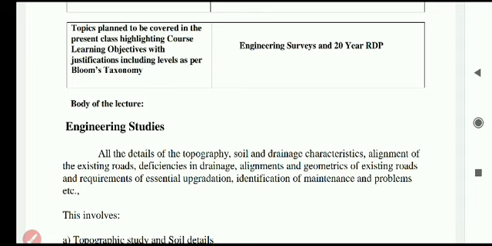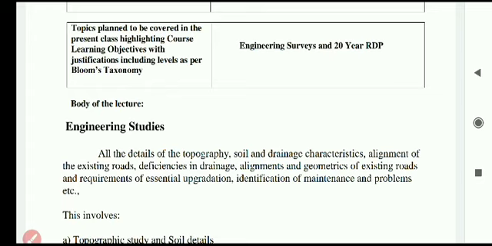So what do we mean by engineering studies? In engineering studies, all the topographical details, soil details, drainage characteristics, alignment of the existing road, deficiencies of the drainage and alignment facilities, and geometric designs, all these parameters are noted.